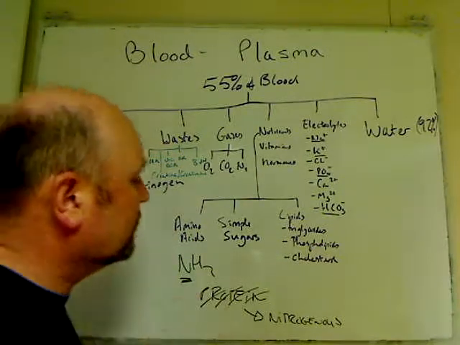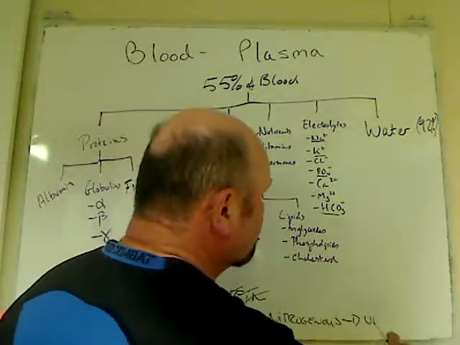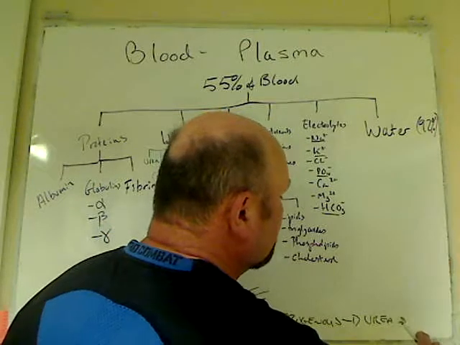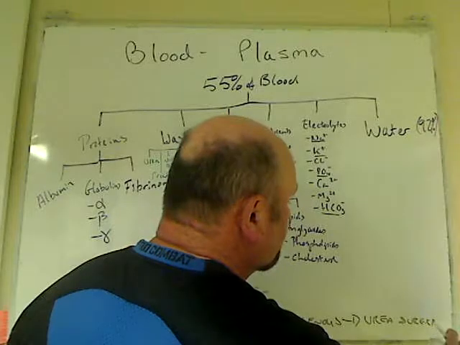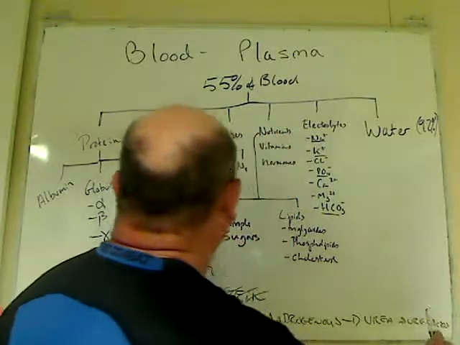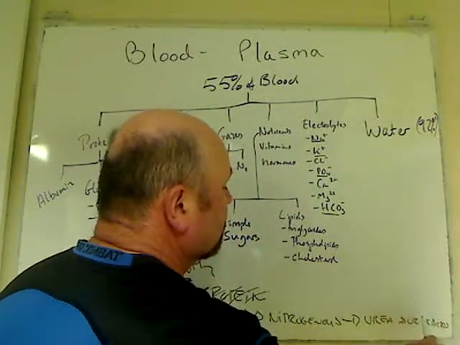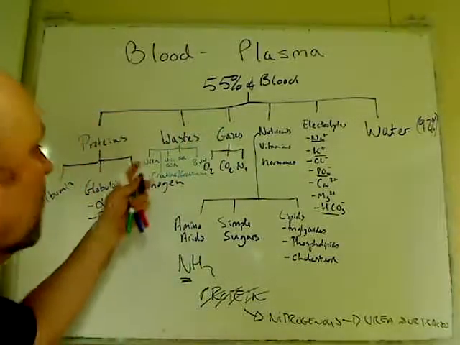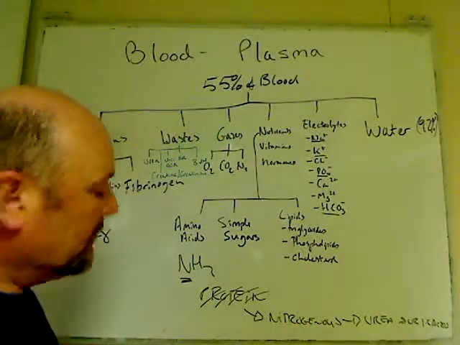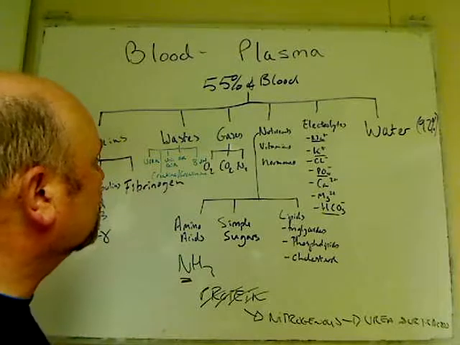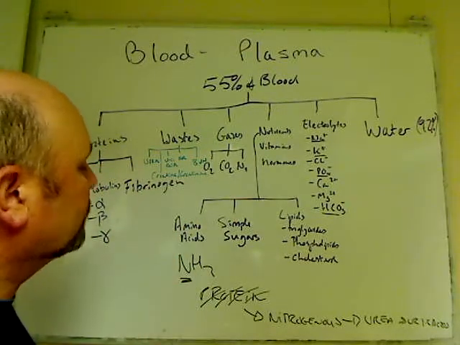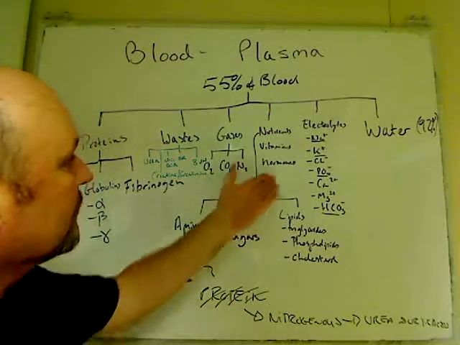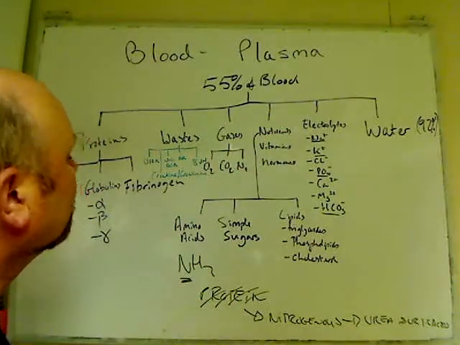So the liver continues the breakdown and creates things like urea and uric acids. Don't need an E there, it's just an I. And this can then be dumped back into the blood, filtered at the kidneys and lost in the urine. Amino acids, of course, can also just be free floating because they're part of our nutrient profile.